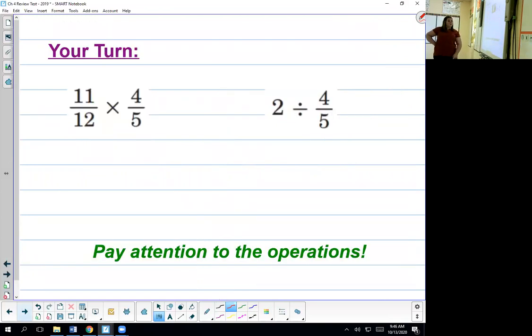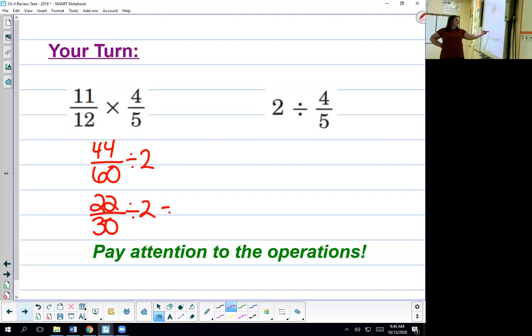Okay, so if you are going to do these problems, again, more practice, but make sure you're paying attention to sign. So for this one, this would be 44 over 60, and you can simplify it by at least 2, which would give you 22 over 30, but then 2 again, which is 11 over 15, and that is the answer there.